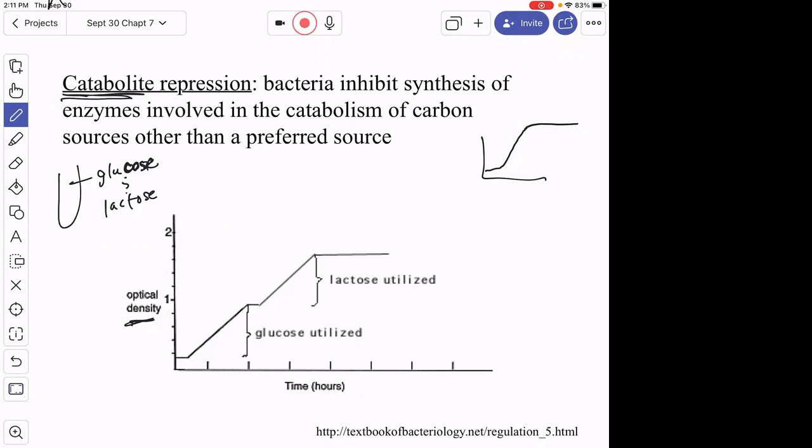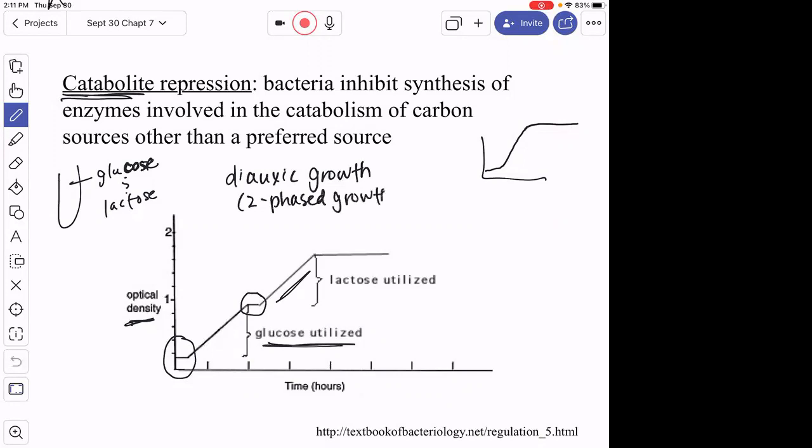So we actually see a lag period to begin with, and a log period there when glucose is utilized. Once glucose has run out, then we see another lag, but then we get another exponential growth period when lactose is utilized. Okay, so we refer to this as diauxic growth, and that just means two-phased growth.